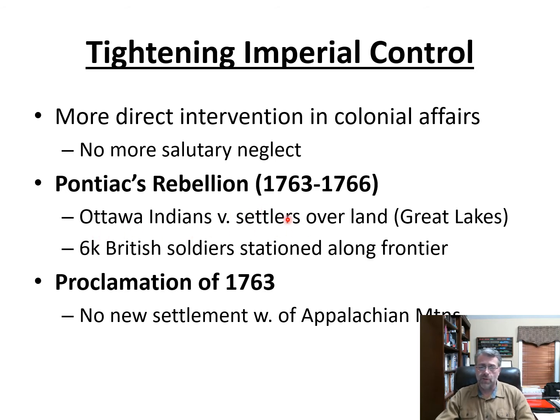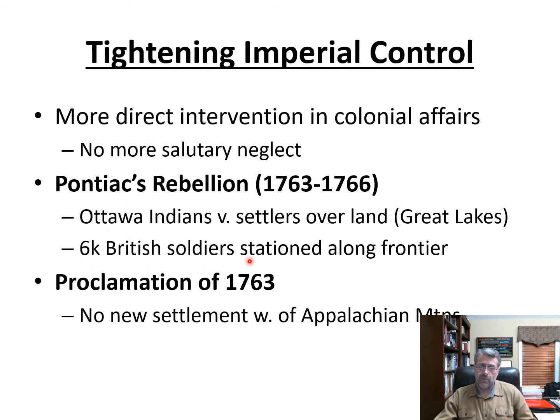This will be kind of an on again, off again. It's going on for 3 years, but it's not going to be 3 constant years of fighting, or it's not going to escalate into a major war. It's just going to be kind of sporadic, on again, off again fighting on the frontier between British settlers and the Ottawa Indians.